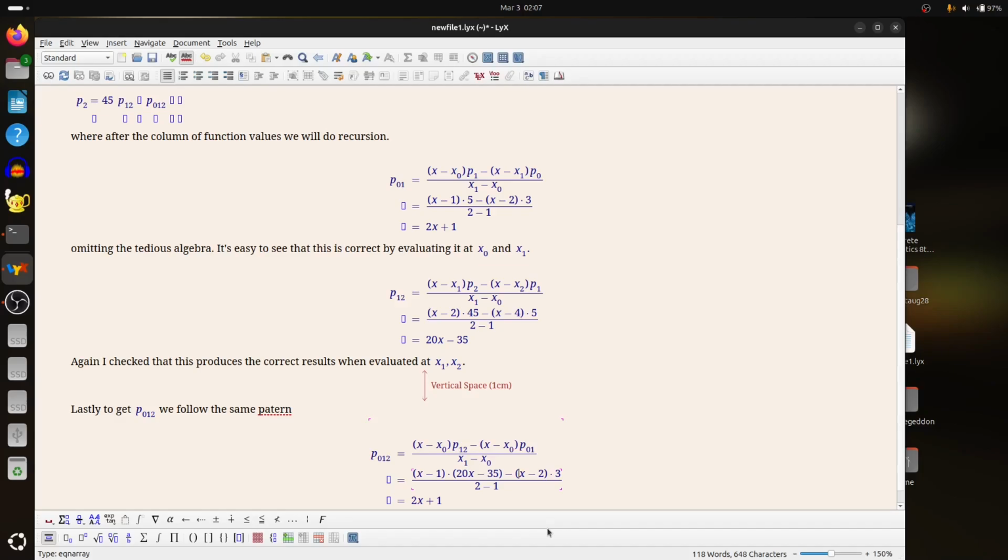Minus, upstairs it was x minus 4 times P01, which was the 2x plus 1 quantity.